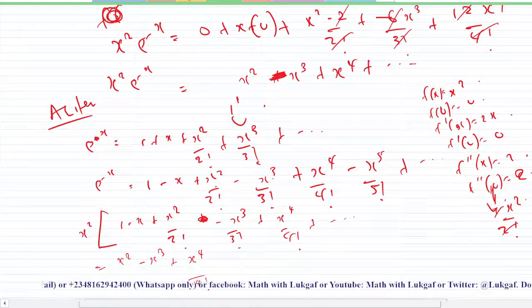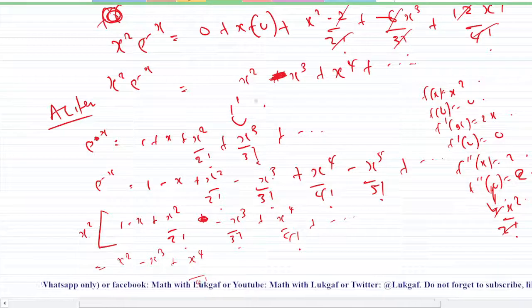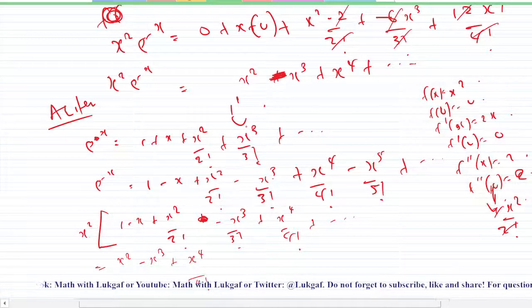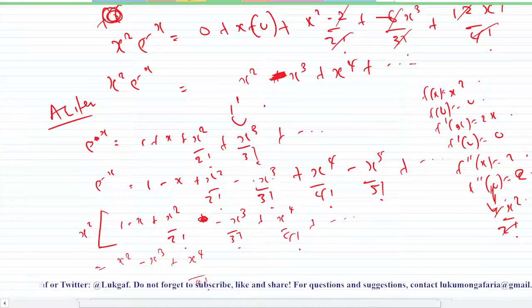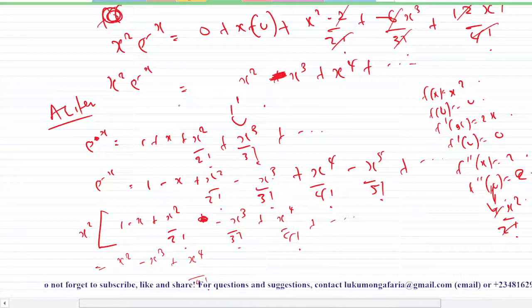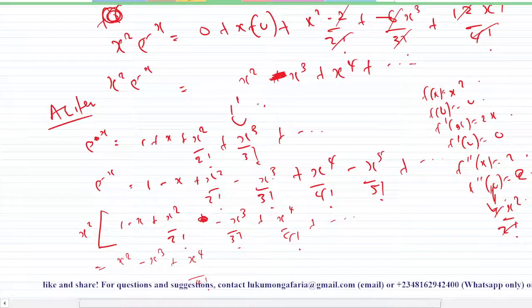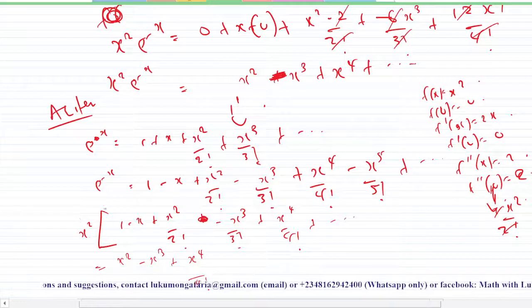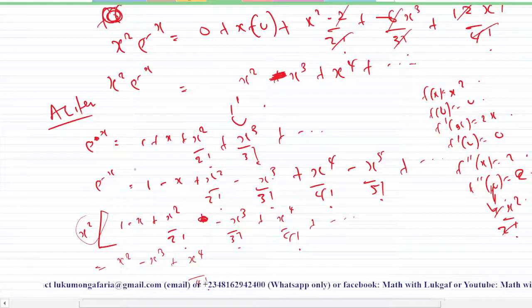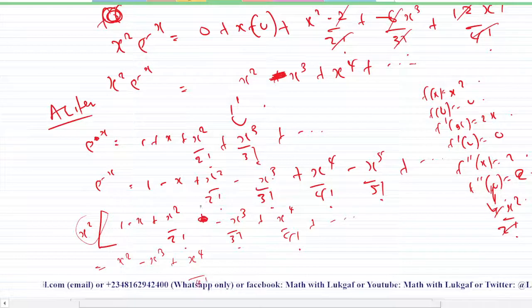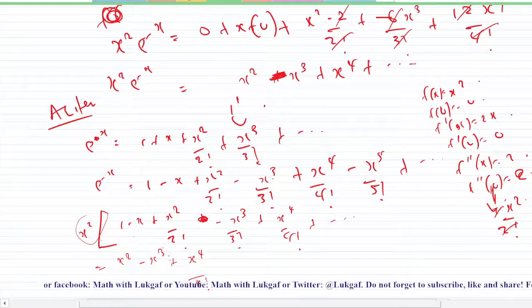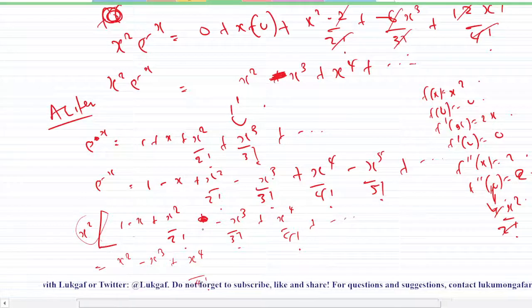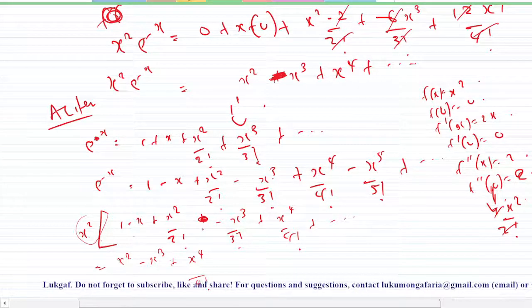No, let's see. Yeah, I think I'm wrong. 1 plus s squared, yeah, and this e raised power minus s. This is already expanded in Maclaurin series. Okay, s squared minus s cube plus s raised power 4 divided by 4 factorial.